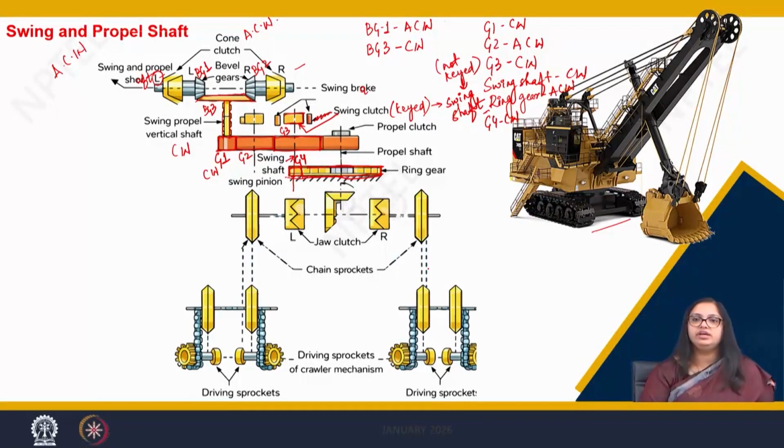Now, how do I change the direction of the swinging of this shaft? I just cannot change the movement or the direction of these gears. So, what do I do now? I completely stop the complete power transmission in this mechanism.